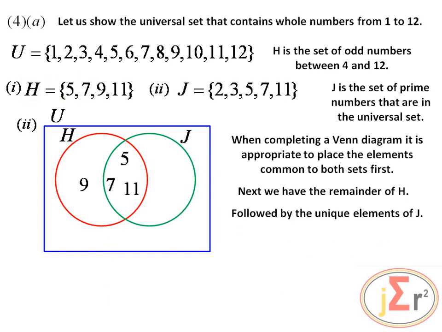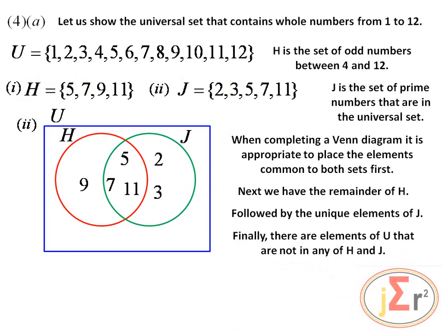Followed by the unique elements of J. Finally, there are elements of U that are not in any of H and J. Those that are unique to the universal set. Any other? Quite a bit. A few more. Any other? Right.